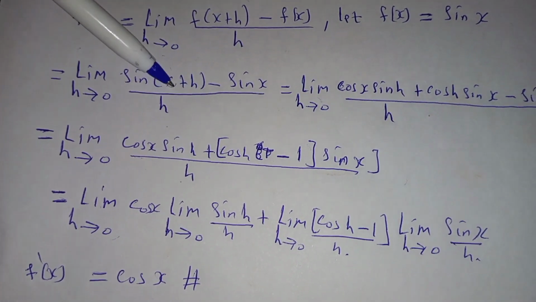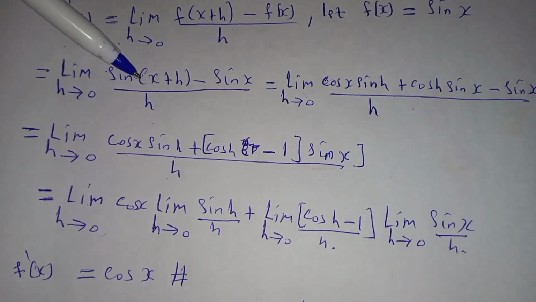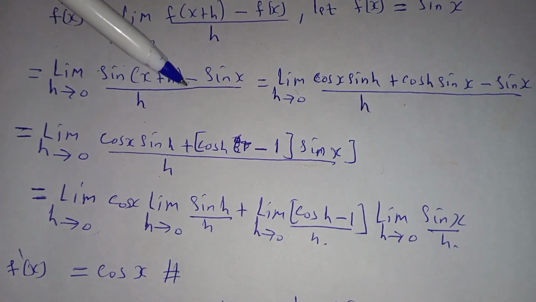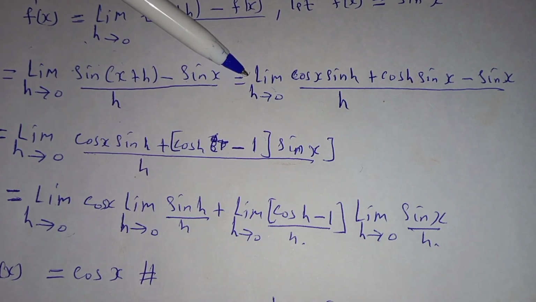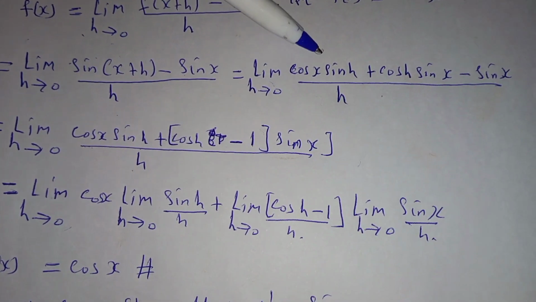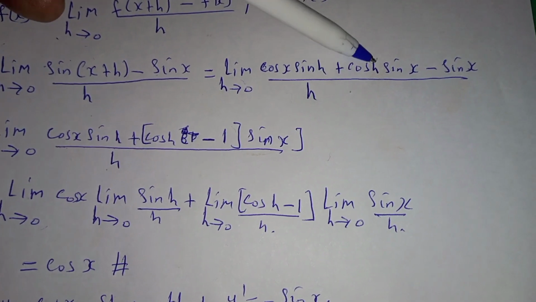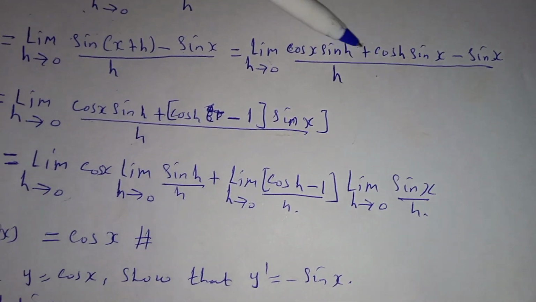Now, using the rules of trigonometric functions, the rule of the sum of sine function, we are going to get the limit as h tends to 0 of cos x sin h plus cos h sin x minus sin x.